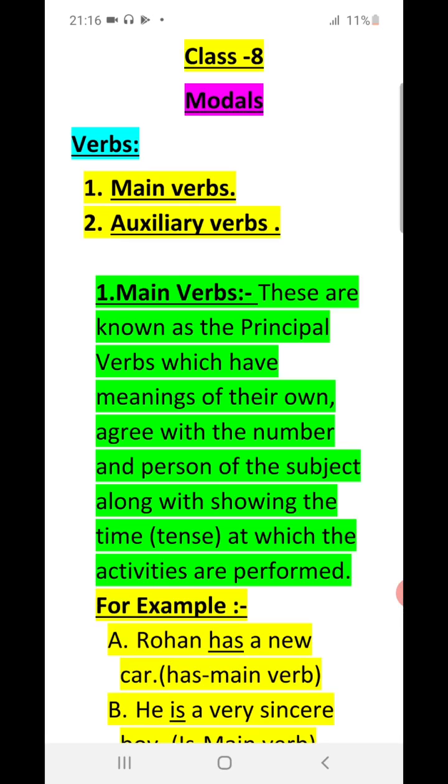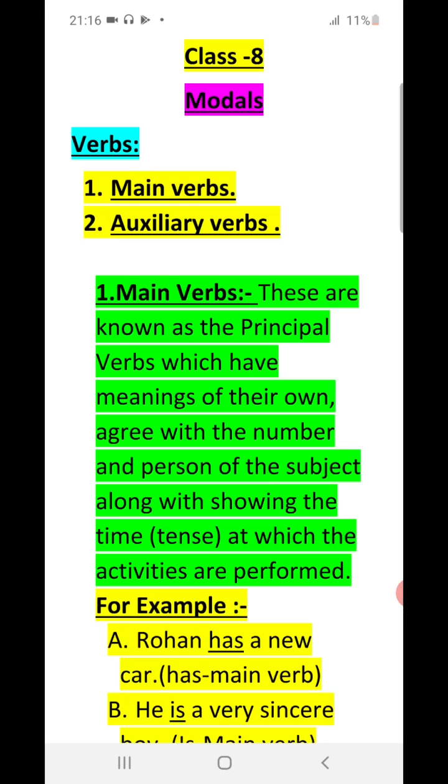Agree with the number. So they agree with the number, whether the subject is in singular or plural.